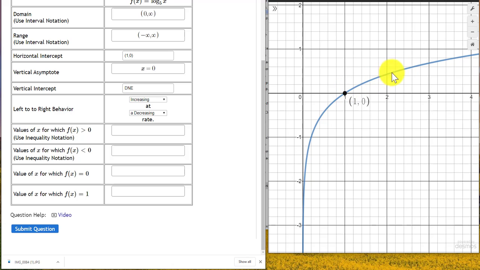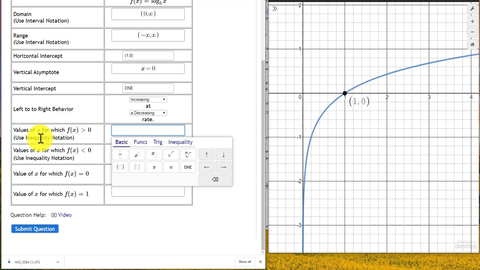So what are my x numbers that are making all these positive y's? Well, those x numbers only start at 1. So over here, it says use inequality notation. So we would have to say x has to be greater than 1.